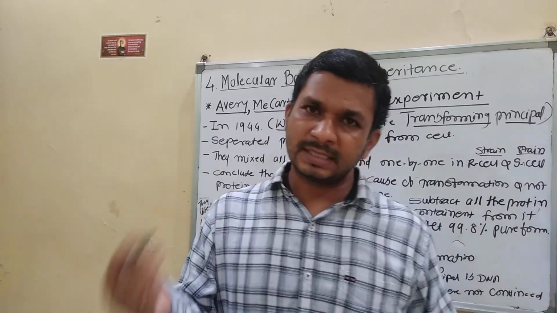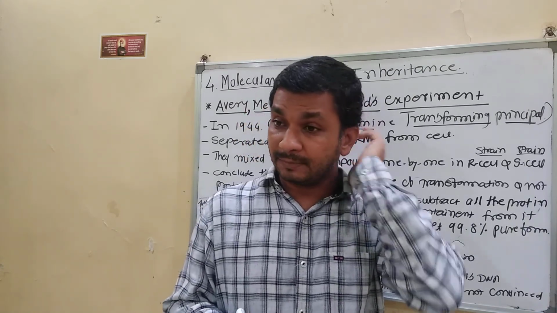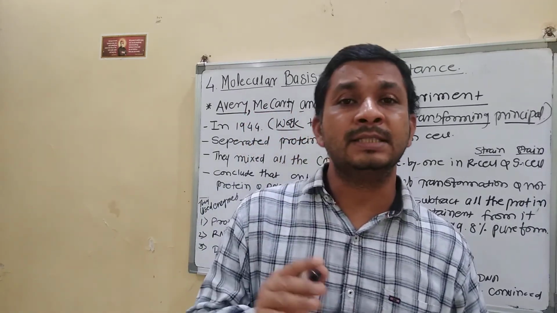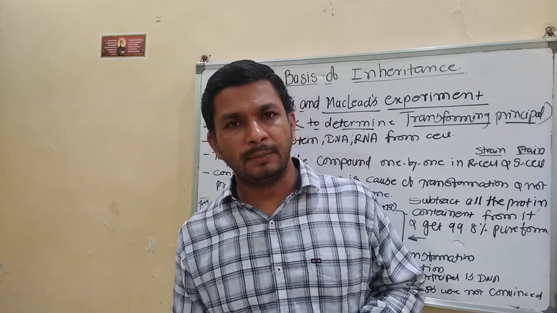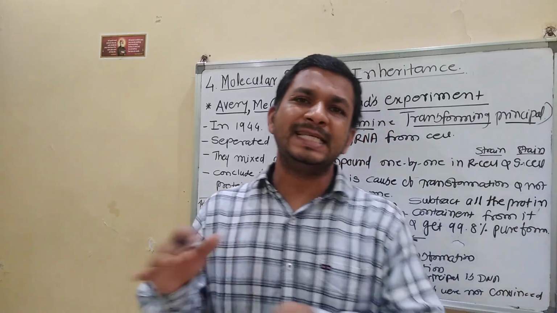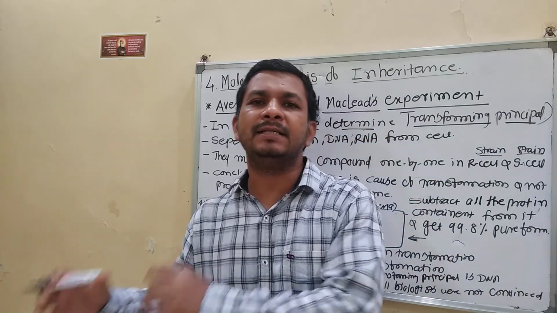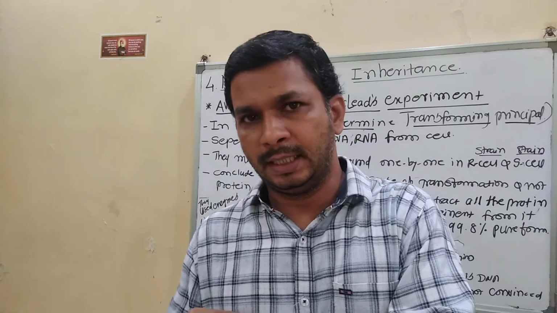In the case of S strain bacteria or R strain bacteria: R strain bacteria is non-virulent, and S strain bacteria is virulent. Virulent means that it carries a disease causing element, that is the S strain bacteria.